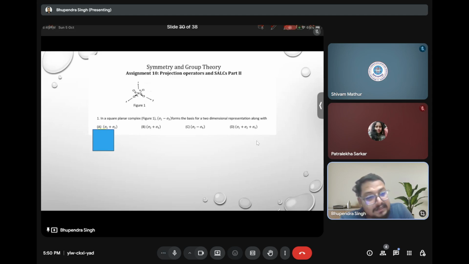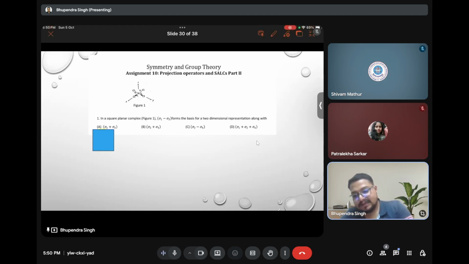So basically, they are asking for the other basis pair along with sigma 1 minus sigma 3. So by elimination, this cannot be possible because they are asking for a two-dimensional one. Right? This cannot be possible. Is it okay?